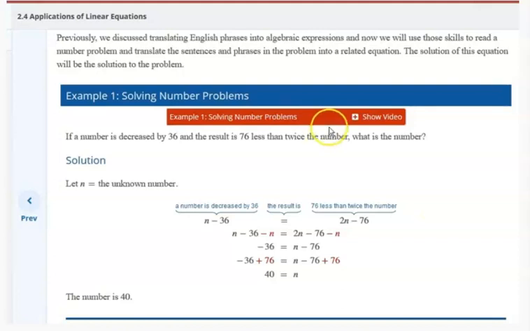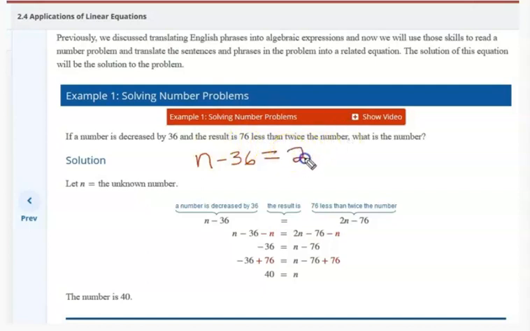If a number is decreased by 36, so they're using the letter n for the number. If a number is decreased by 36, and the results, this translates to an equal sign, is 76 less than twice the number.